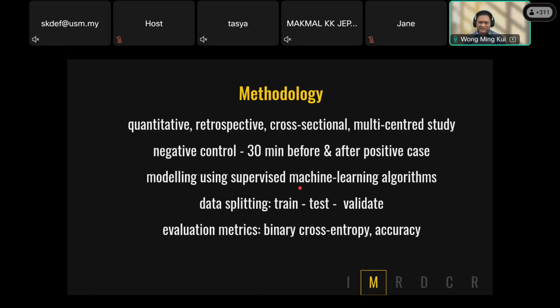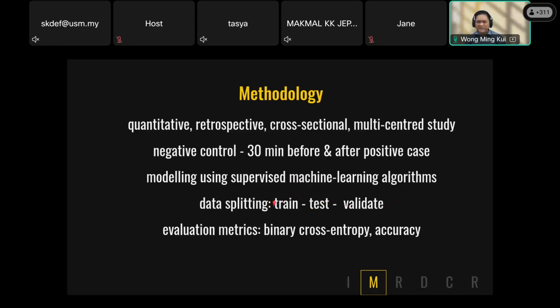So the next step is on data splitting. Even in traditional statistical modeling, we still need to validate our model. So in machine learning, we have an additional step. We call them training, testing, and validation.